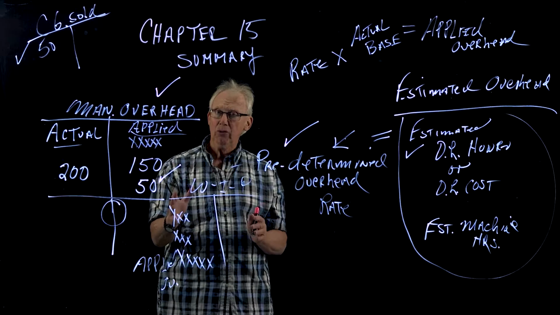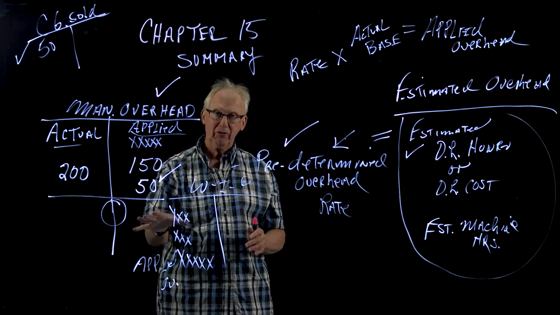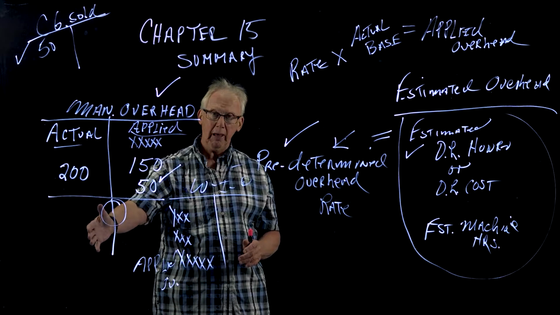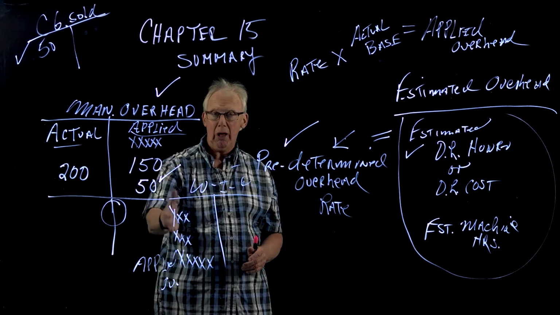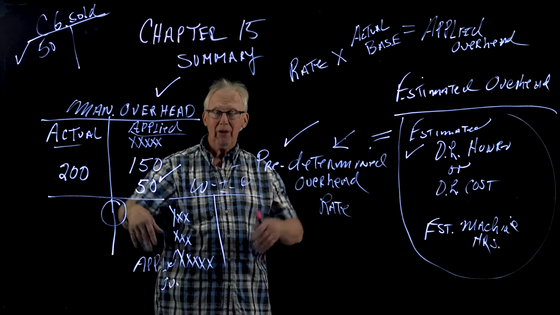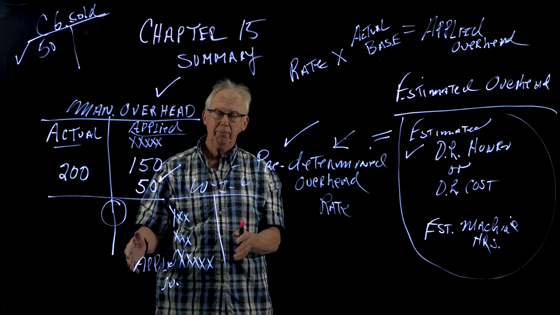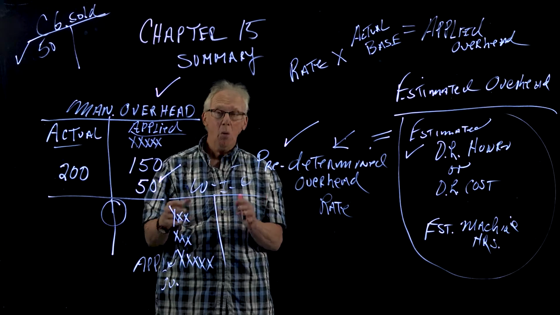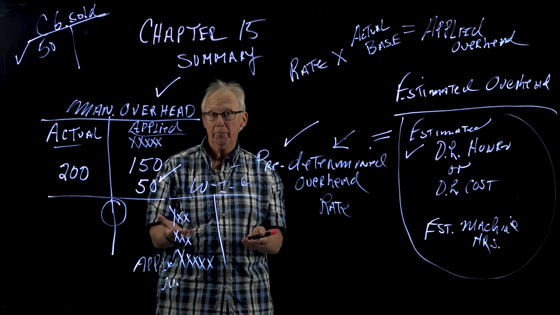And the last thing you do is you have this manufacturing overhead account that has all your actual numbers on the left and all your applied numbers on the right. You add both sides up. You compare the totals, okay? One side is going to be smaller than the other.